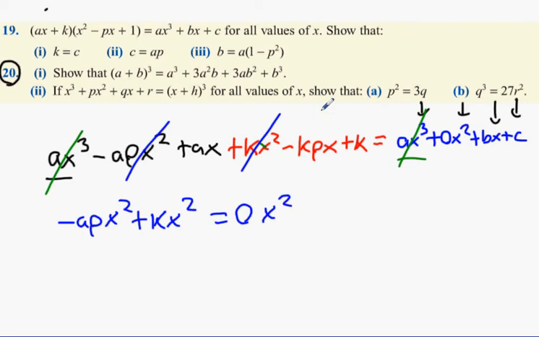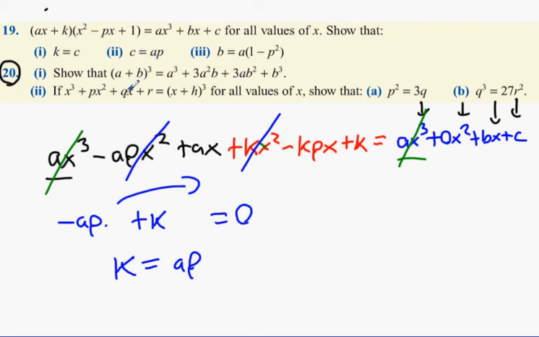Equals 0x squared. What happens to the x squareds? The x squareds cancel. So what's left? K minus ap equals 0. Bring the ap over to your side. K equals ap.